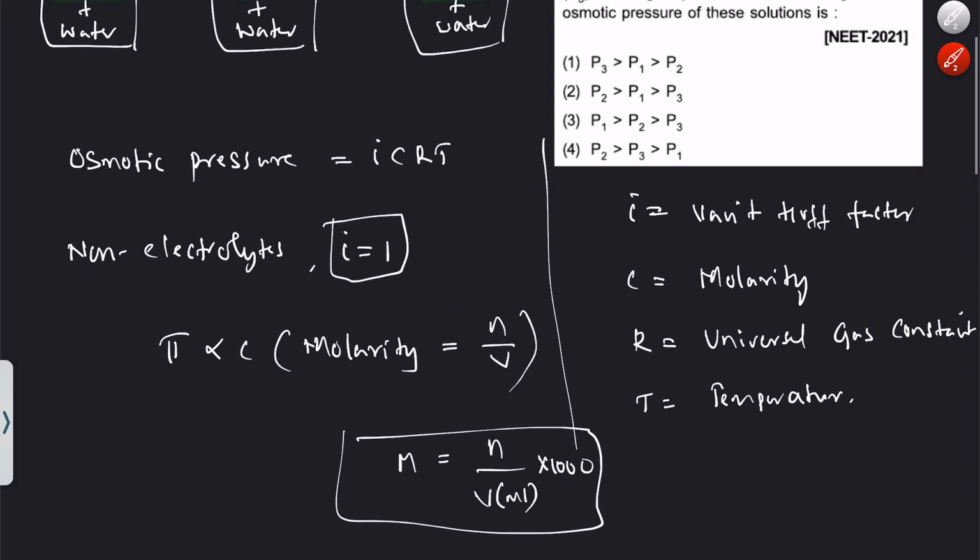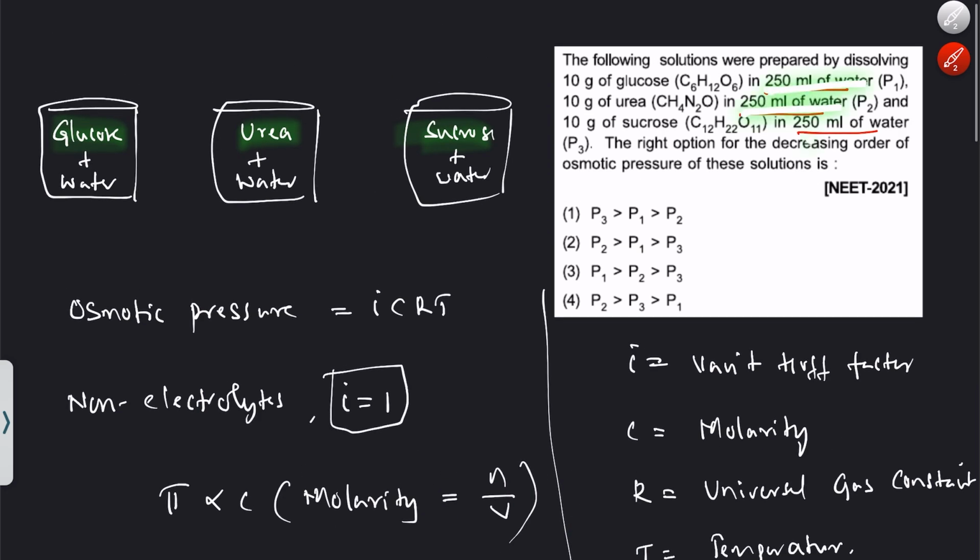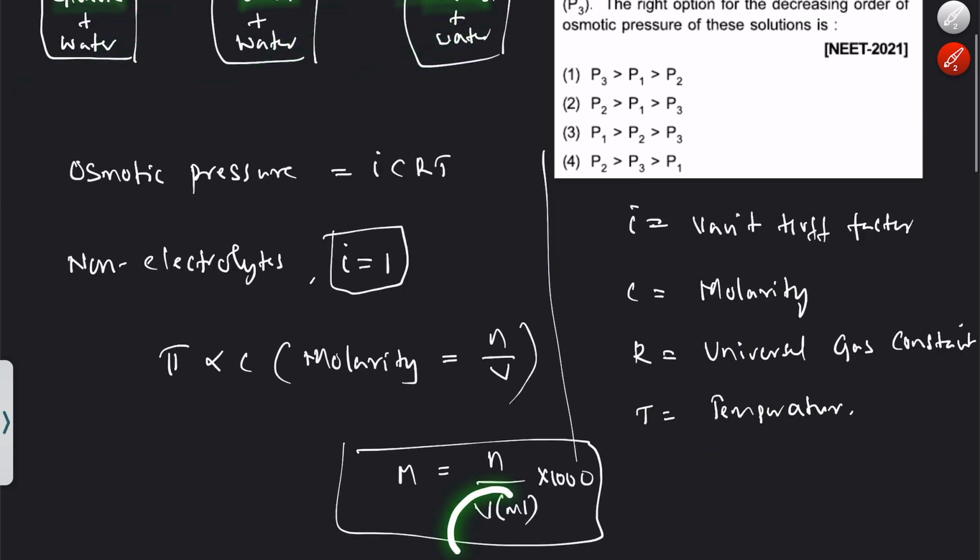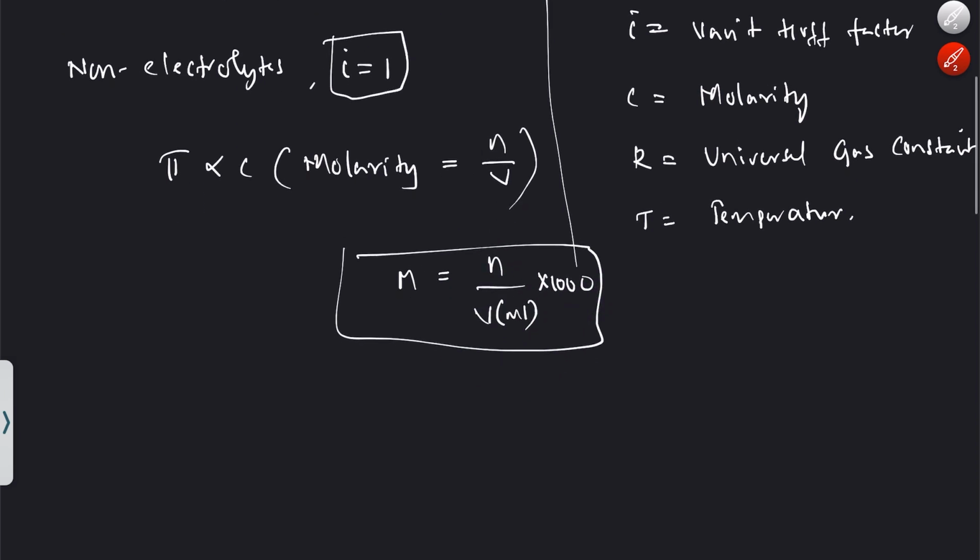Now, in the question, we are adding 250 ml of water, and the same amount of water is added in all three solutions. That means V remains the same. Then what is different? Only the number of moles of solute is different. And how do you find the number of moles of solute?